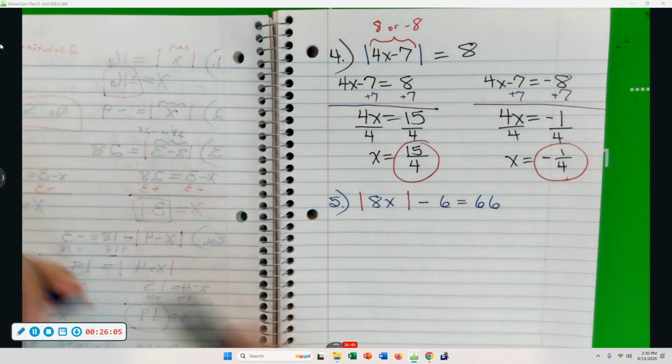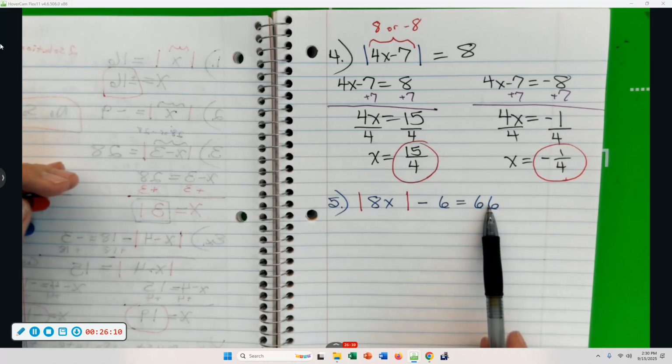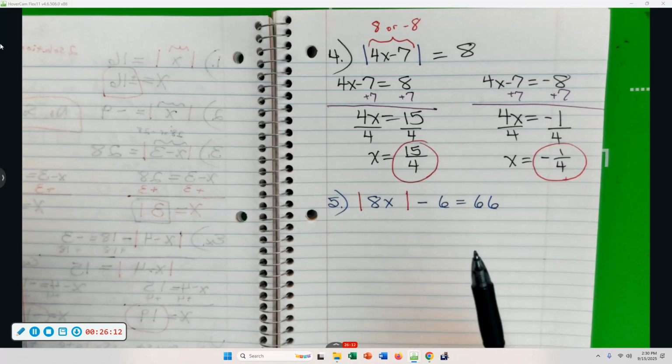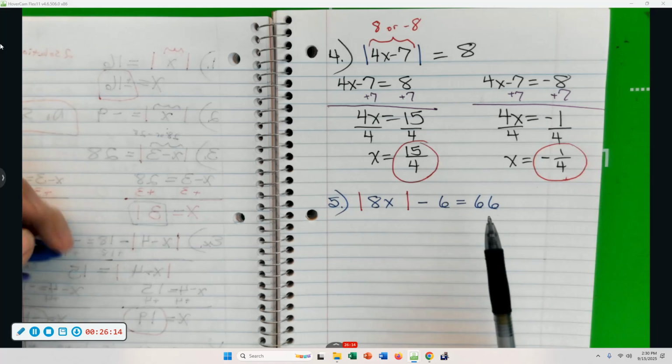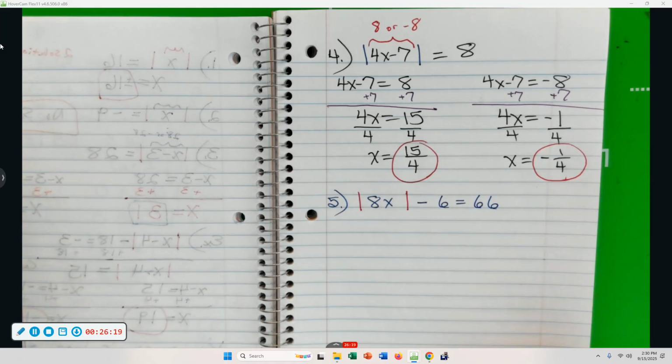Okay, before we decide on cases and you say, oh, it's going to be positive over here, before you decide on the case, if you say equals a positive 66 and a negative 66, your answers are going to be wrong.